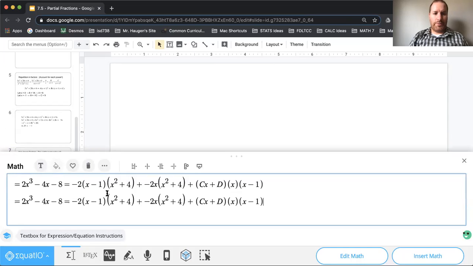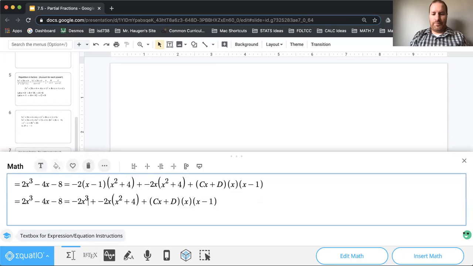So this one here, we send all this stuff through. We'd have negative 2x cubed. Here we'd have a negative 1x squared, and then times negative 2, so plus 2x squared.